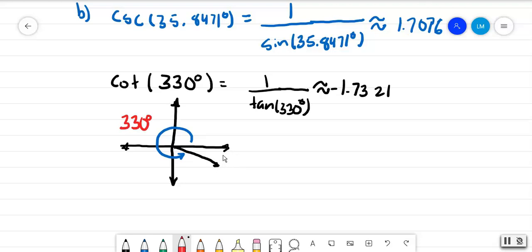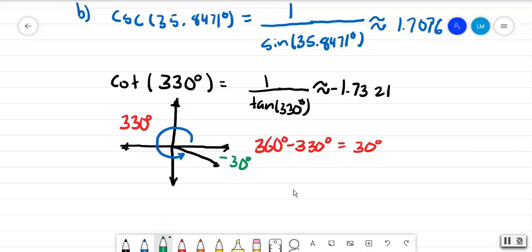So that means that relative to the x-axis, you would take 360 minus 330 degrees, and you would get 30 degrees. So that means that the reference angle is 30 degrees.